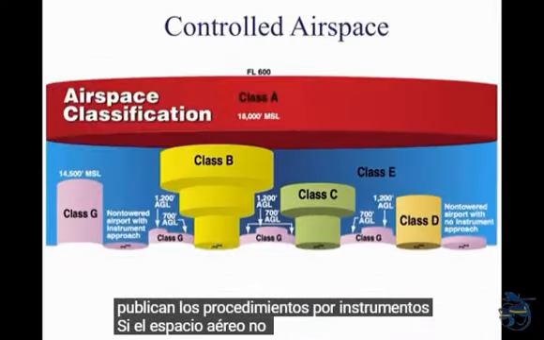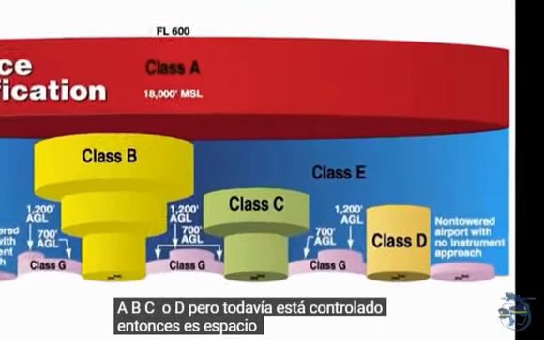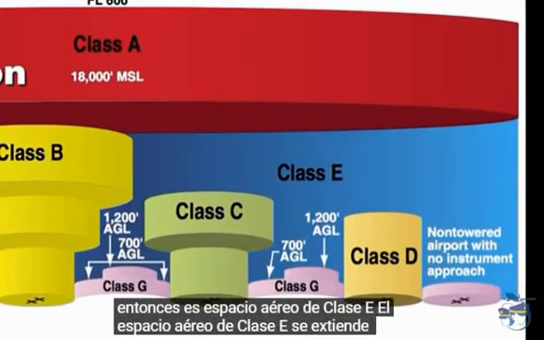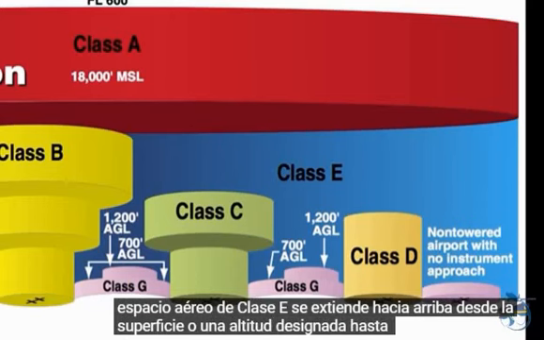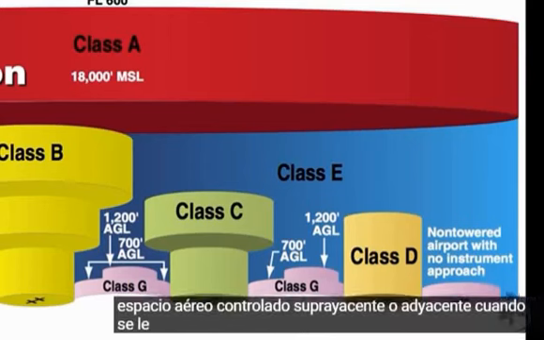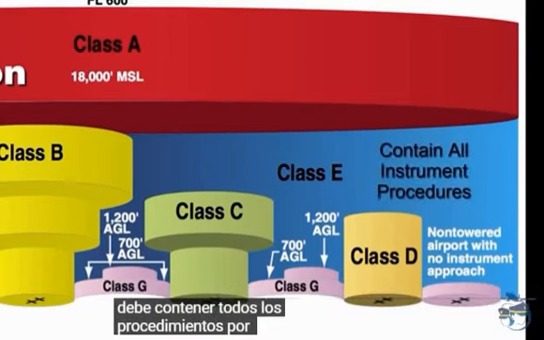If the airspace is not A, B, C, or D, but it is still controlled, then it is Class E airspace. Class E airspace extends upward from either the surface or a designated altitude to the overlying or adjacent controlled airspace. When given a surface area, it is meant to contain all instrument procedures.